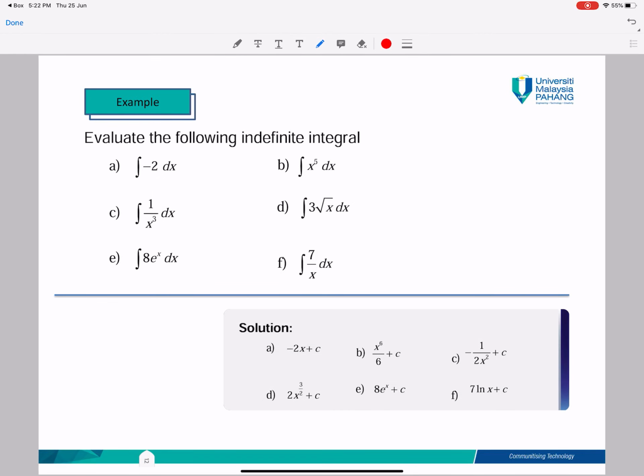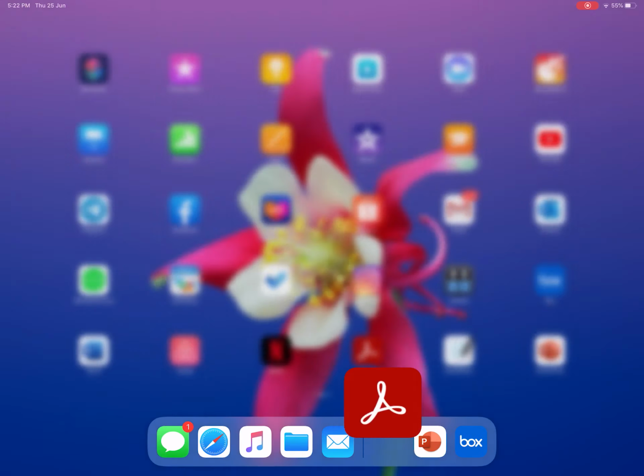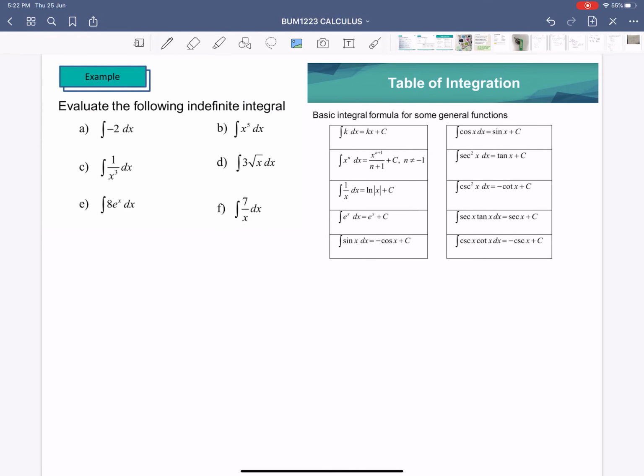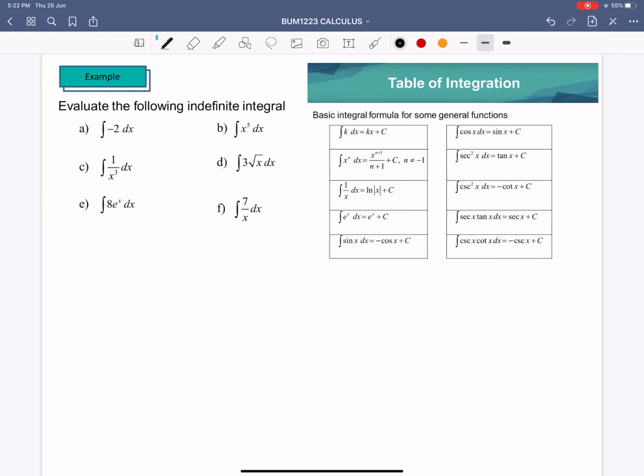Okay, let us look at how we want to evaluate the following indefinite integrals. Question A, we have integration of negative 2 dx.